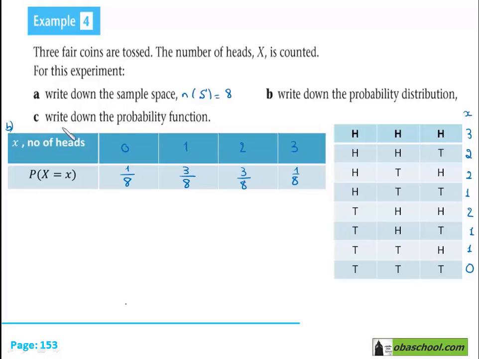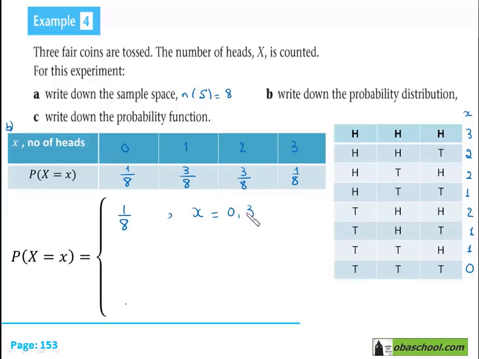Part C. Write down the probability function. We will use this form, which is the braces. As you can see, we have different forms for the probability. So it is not like the previous example, which was constant for all the values. The first probability is 1 over 8, which resulted for the values of x, 0 and 3.